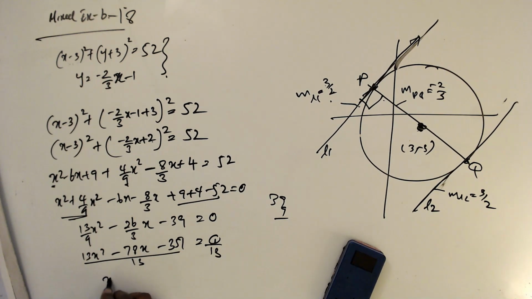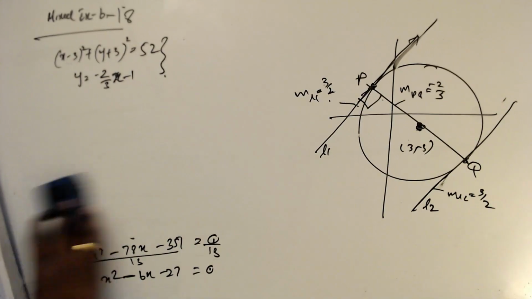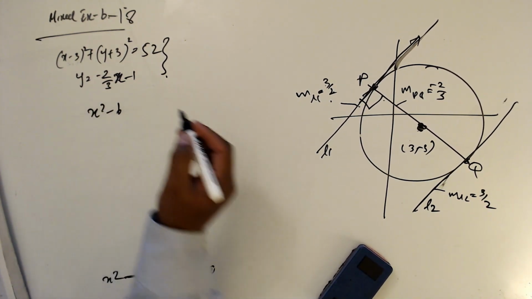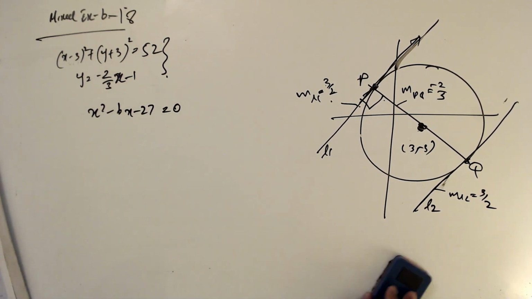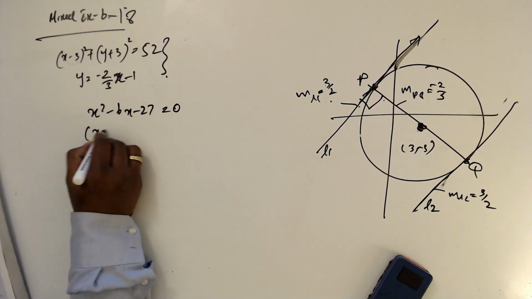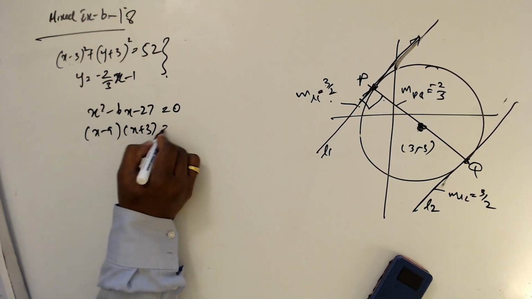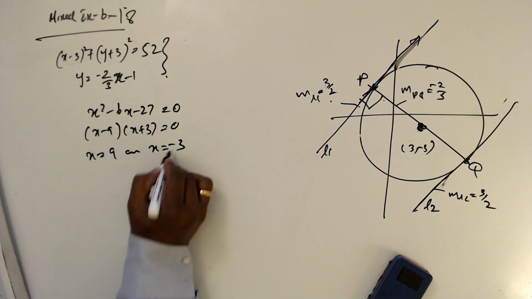This is going to be x squared minus 6x minus 27 equals 0. Now we can factorize this one: (x minus 9)(x plus 3) equals 0. x equals 9, and x equals minus 3.